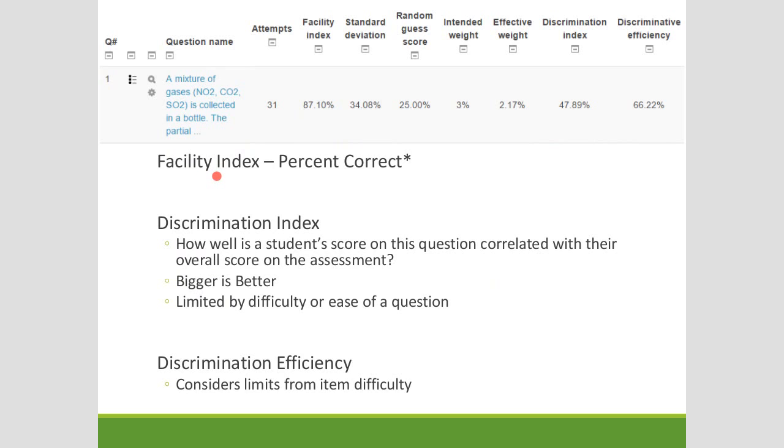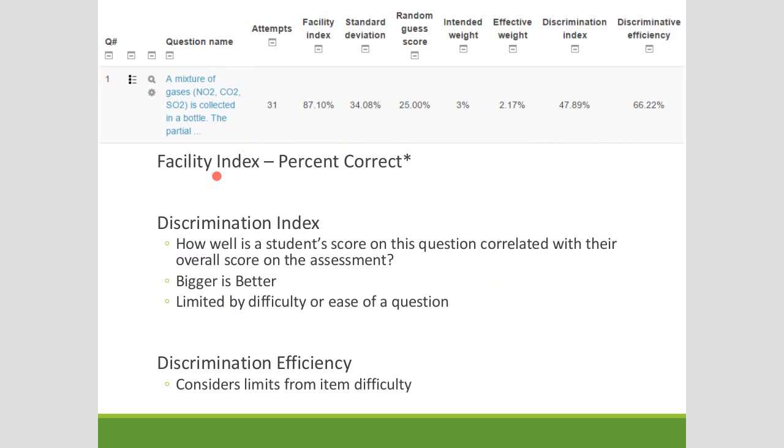The Moodle math is essentially good enough here to deal with partial credit and handle that correctly, as well as handling certainty-based marking and all sorts of other things. So they say facility index because saying percent correct would not be technically correct in some of those other options. But if you want to just say facility index is percent correct, that's close enough for what we're doing here.